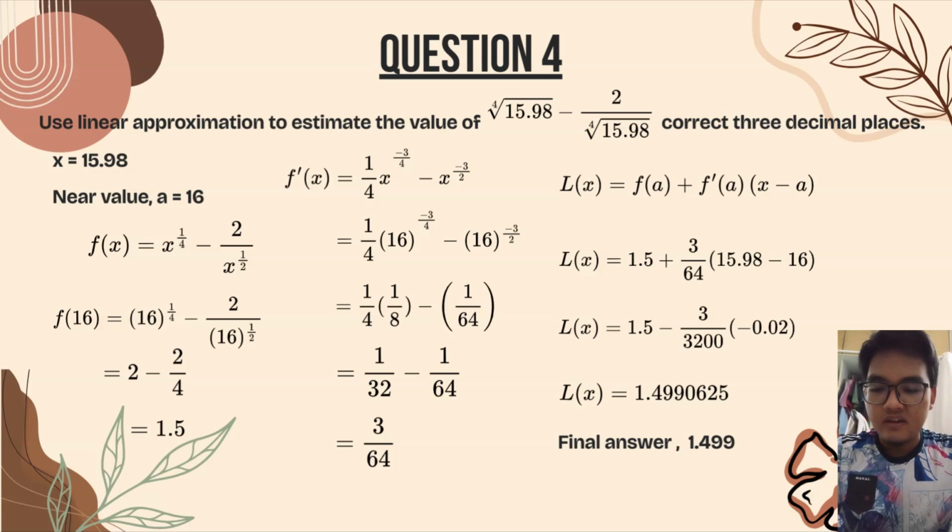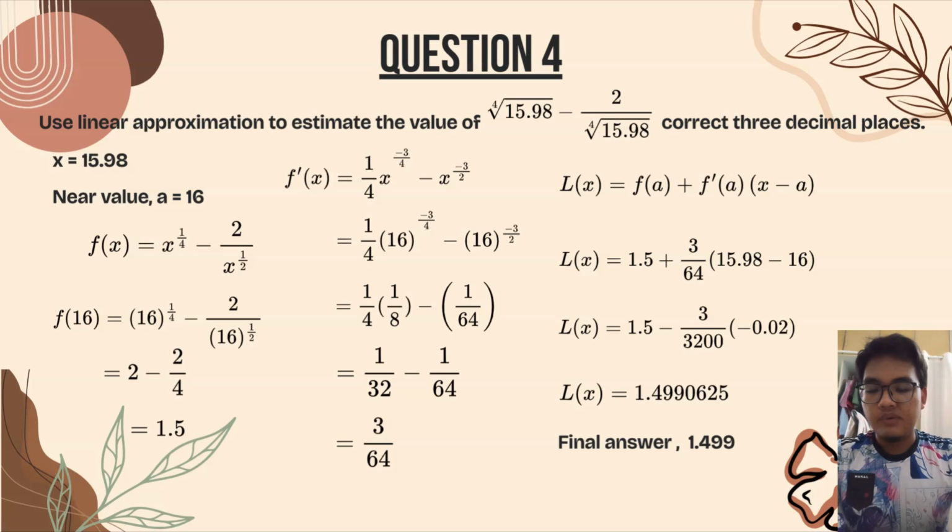So first step, we need to simplify it to the x form so we can easily differentiate it. So as I wrote it here, let f(x) equal to x to the power of 1 over 4 minus 2 over x to the power of 1 over 2.